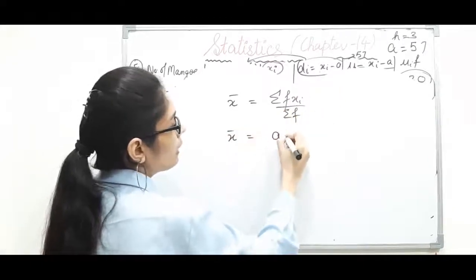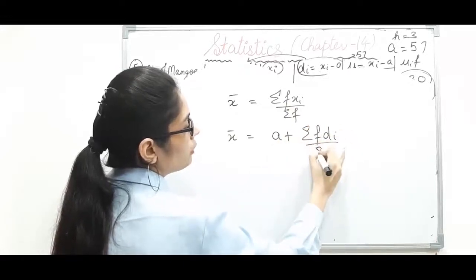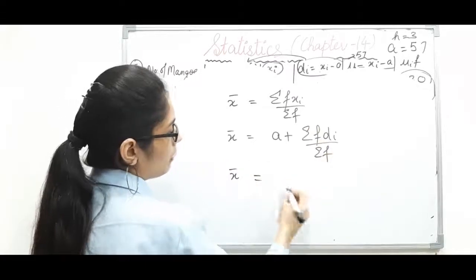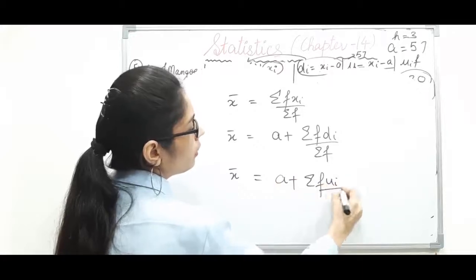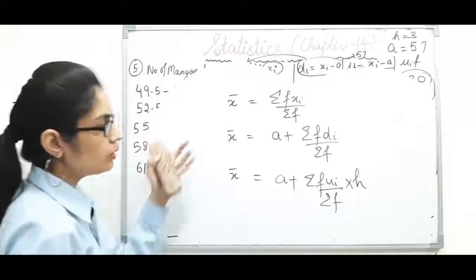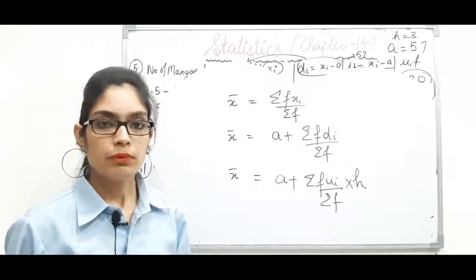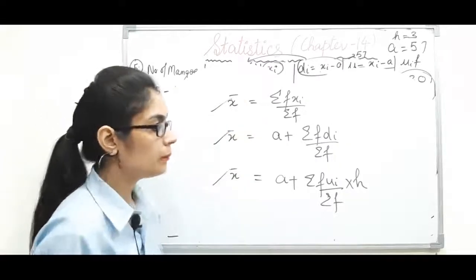Assumed mean, it was a plus summation f di upon summation f, and this is step deviation method. This is a plus summation f ui upon summation f into h. So these all are the three methods to find mean. In any question you can find mean by using any of these formulas.